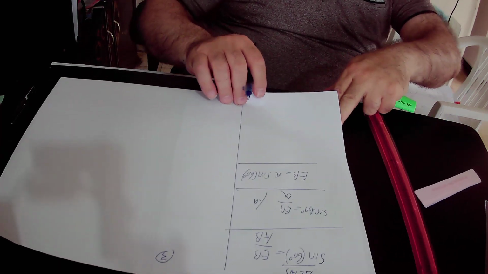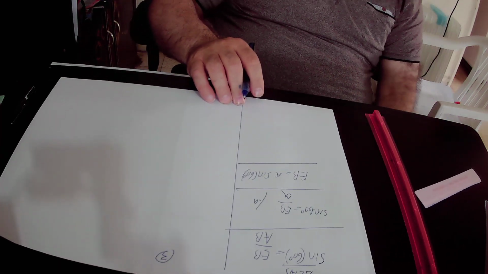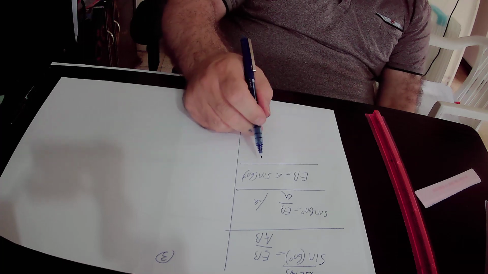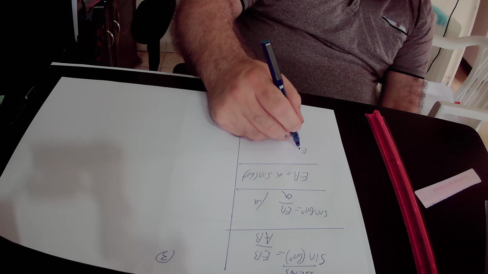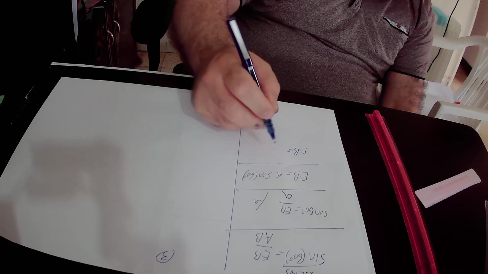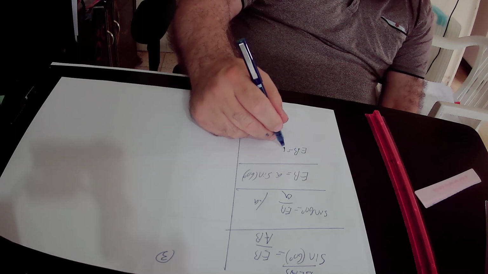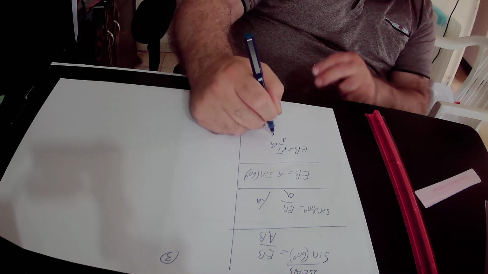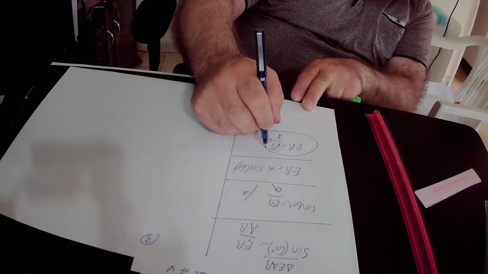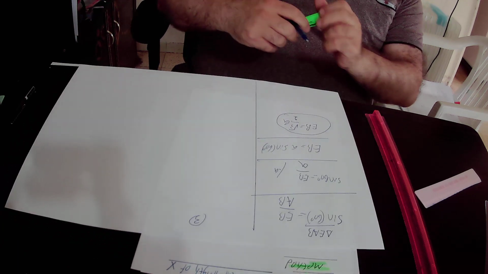But we know that sine 60 degrees equals square root of 3 over 2. We substitute, and we get that EB equals square root of 3 over 2 times A. So in conclusion, we found out that EB equals square root of 3 over 2 times A units.